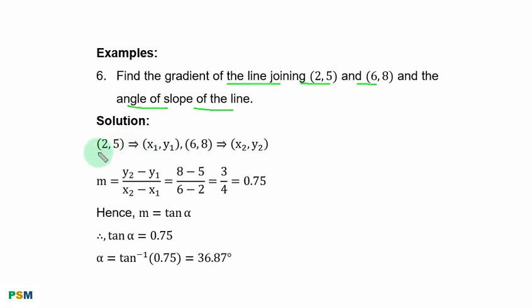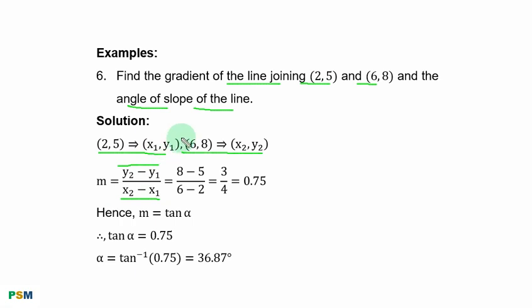The first ordered pair implies x1, y1. The second ordered pair implies x2, y2. The gradient denoted by m is equal to change in y over change in x.